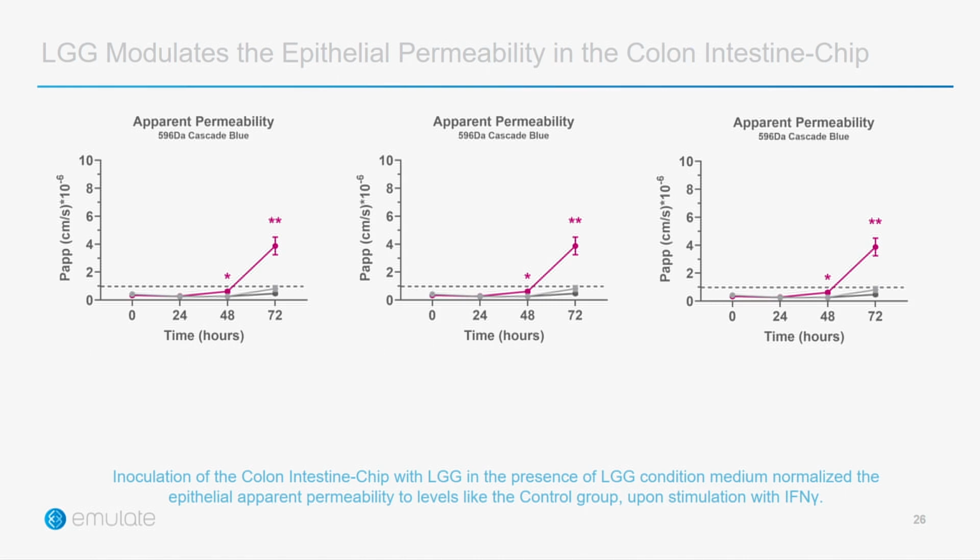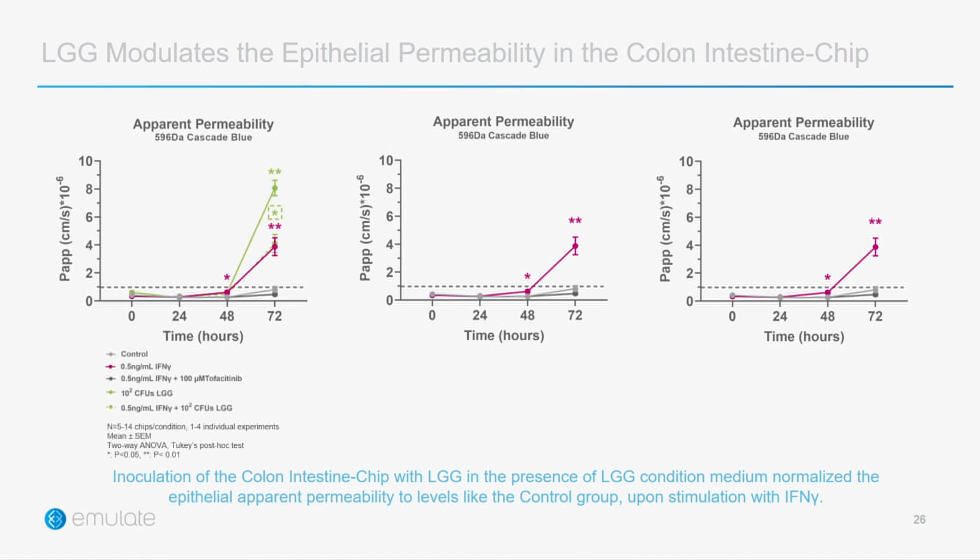So now many of you may be wondering why use a conditioned medium. So here we go. By inoculating LGG directly to the chip, not only did we not see protection against the barrier collapse, but we did see that LGG triggered an increase in the epithelial apparent permeability even under baseline conditions.